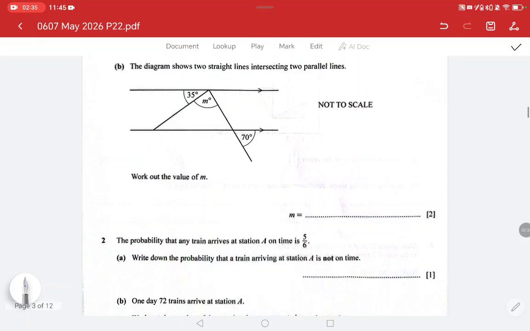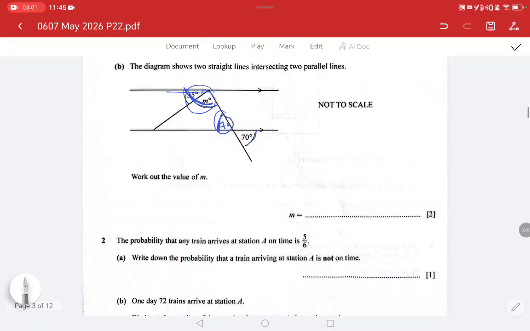If you look at this one, here we have 70, so this one will be equal. This is like X, what we call vertically opposite angles. And if you look at this angle and this one, both of them make a C from inside, so we call them co-interior angles.